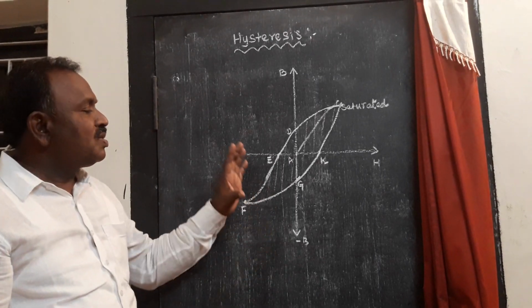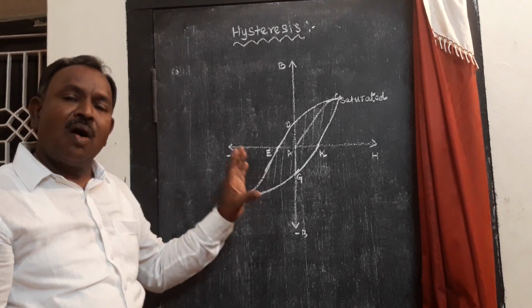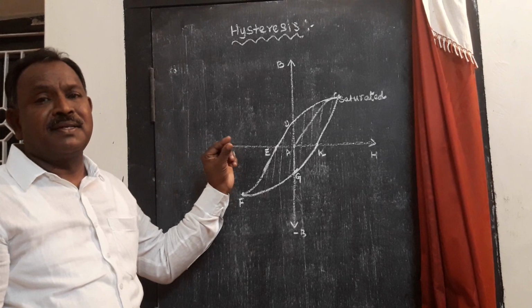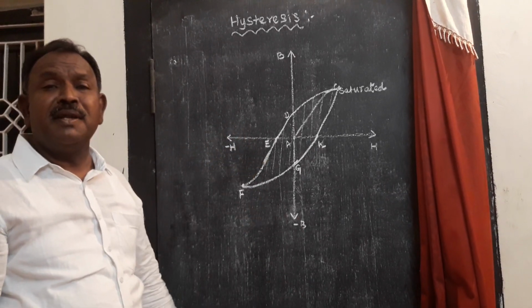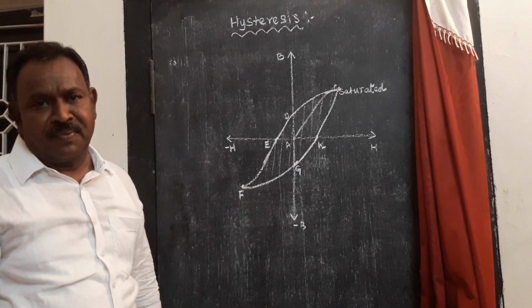Actually, this loss of energy is utilized to turn or rotate the molecular magnets that are induced when that magnetic material is taken through a cycle of magnetization.